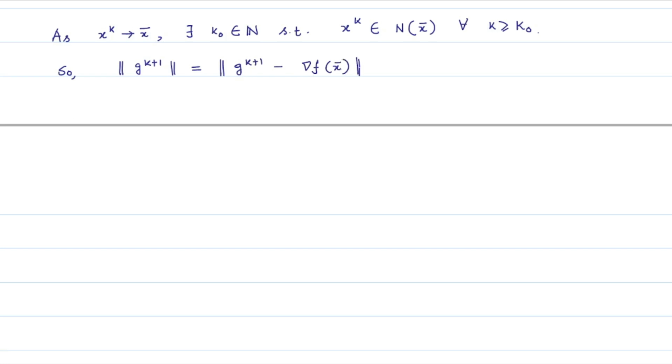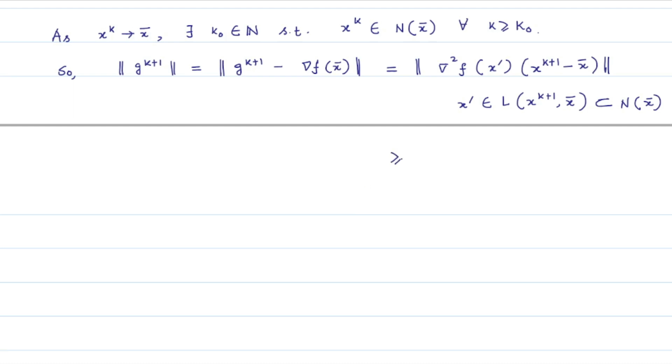So these two quantities are identical. Now by the mean value theorem, you will have this quantity as the Hessian at a point x dash, where x dash is lying in the line segment joining xk plus 1 and x bar, and this line segment is inside the neighborhood N of x bar. This Hessian at x dash times xk plus 1 minus x bar.